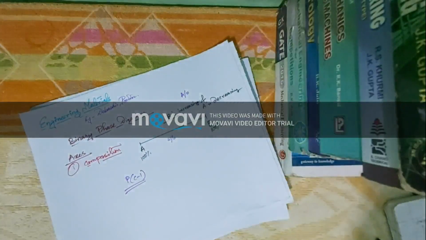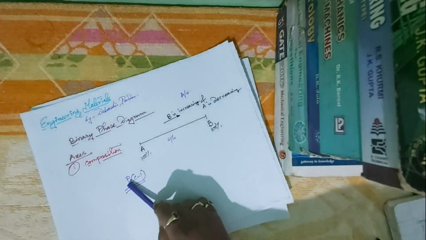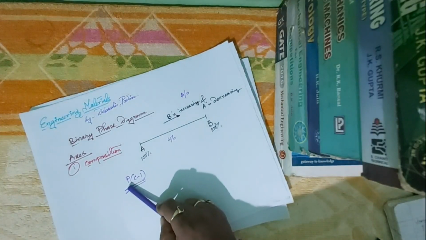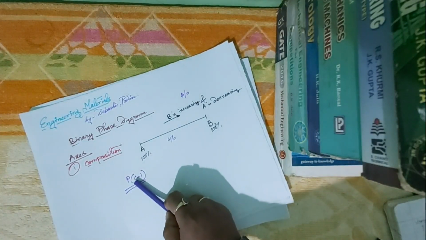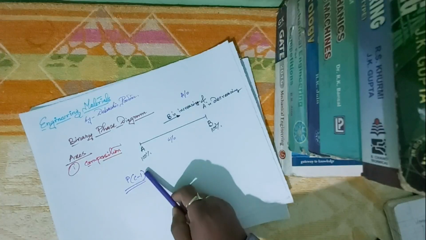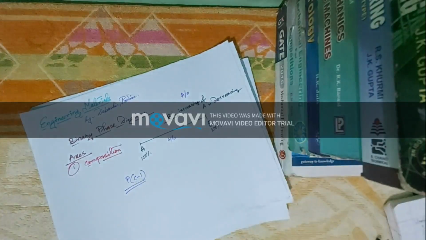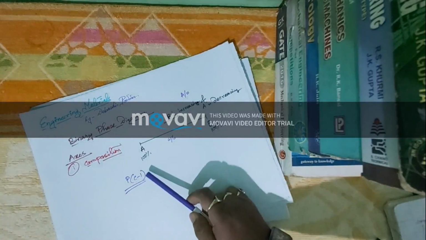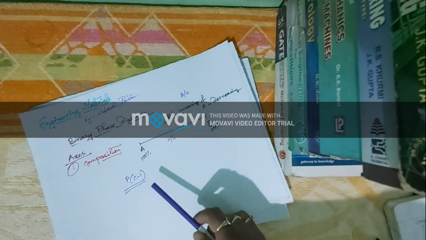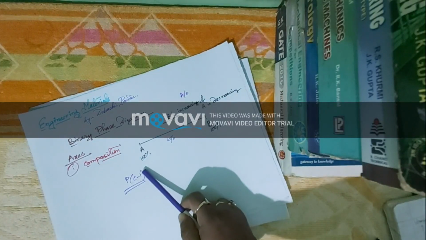I think you all have seen this formula in my previous classes. P into C minus 1, where P is phase and C is component. And why it is minus 1, I have already discussed in my previous classes. Those who have attended may know why it is C minus 1.